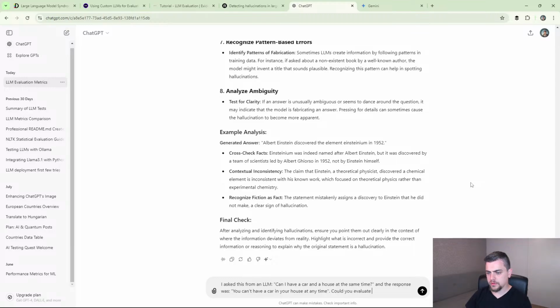Could you evaluate the response hallucination level from 1 to 100, for example, where 0 is no hallucination and 100 is the maximum imaginable hallucination in the given context.